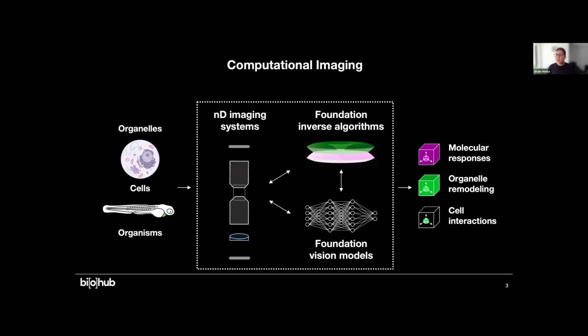We can really relax some of the constraints that we face when we are working just with optical processing of information that we collect from the samples. So we do joint design of data acquisition schemes and inverse algorithms and foundation vision models, so that we can make these measurements at scale and with high accuracy and in a robust fashion. So that's the work of computational imaging.